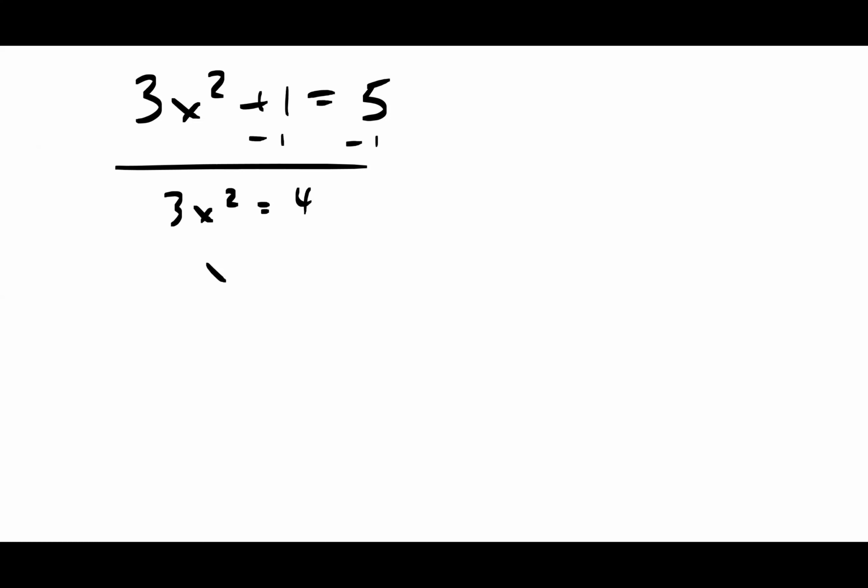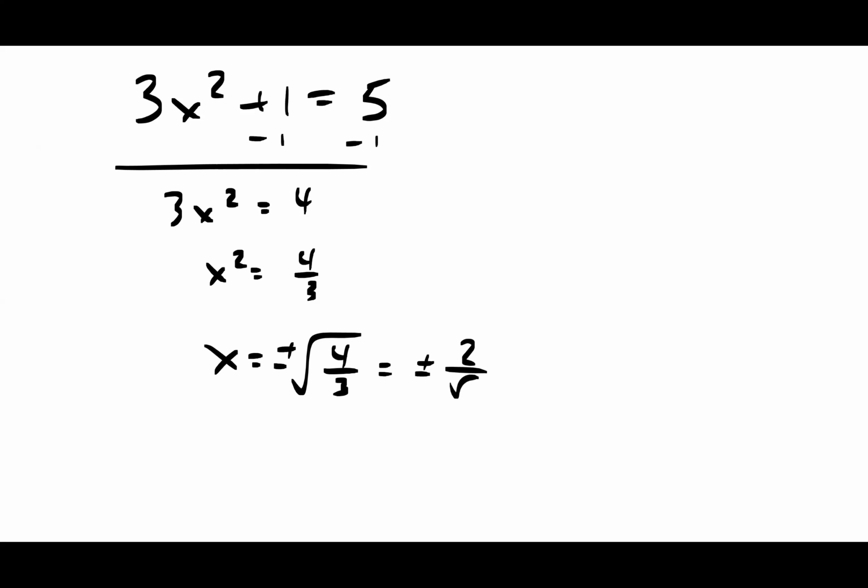Here we go. Divide by 3, divide by 3. And so notice we have the perfect square all by itself on one side. How do we get rid of it? What we do is we take the square root on both sides. Square root over here, square root over here. Don't forget plus or minus. If that's the case, then the 4 becomes a perfect square of 2.